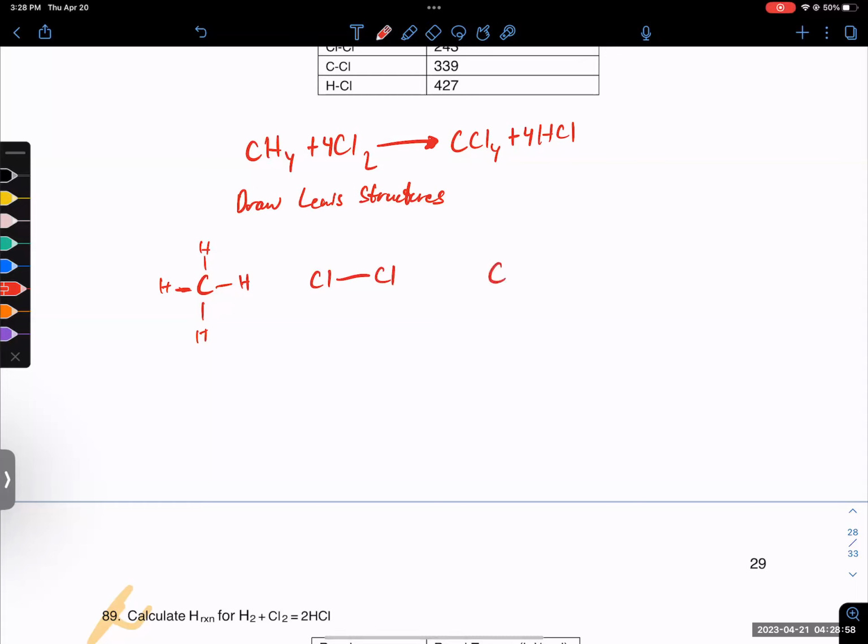CCl4 looks something like that. Y'all agree? Should I draw the lone pairs? Yes, we will draw the lone pairs. It's good practice. Always try your own. What about HCl? Just H with a single bond to Cl.